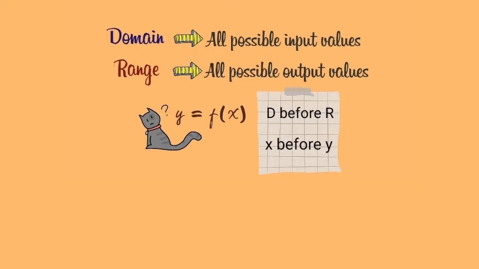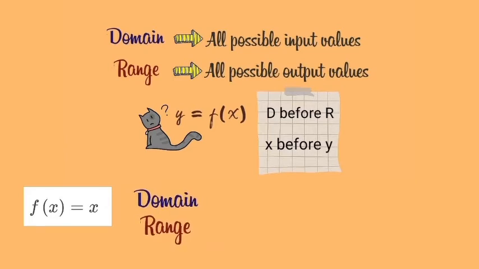The first function is f of x equals x. This function will simply give out the value it takes as the input. Instead of saying it does nothing, a better way of saying it is that the function multiplies the input by 1 and gives an output. Anyway, coming to the point, what will be the domain and the range of this function?